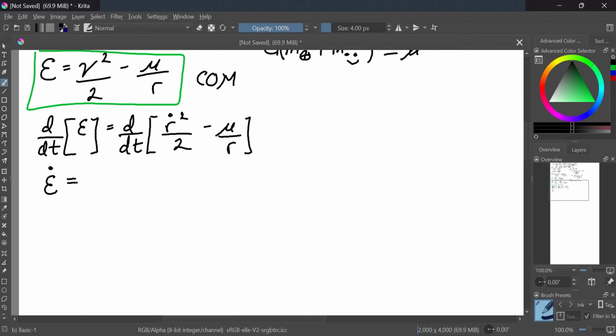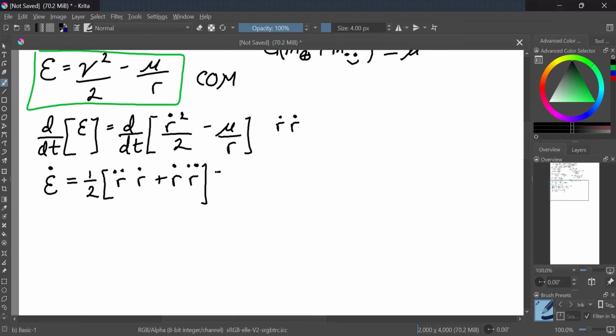Right side. So let's take the 1/2 out because that's a constant. And then r dot squared, r dot times r dot. When we take the derivative of it, it is going to be the derivative of the first times the second plus the first times the derivative of the second.